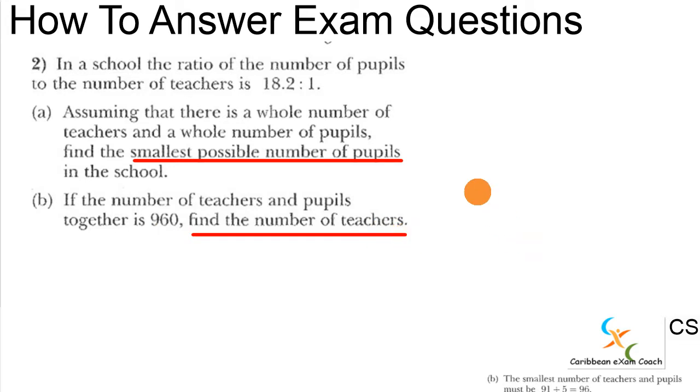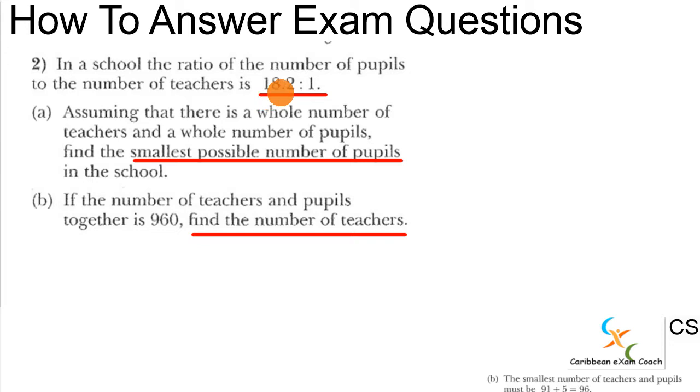So to bust this problem up, you have to ask yourself, do I understand the problem? Yes, it deals with ratios. What are the givens? The given is the ratio 18.2 to 1. And you are asked to find the smallest number of pupils. So you have to do something to this number. You have to simplify it.